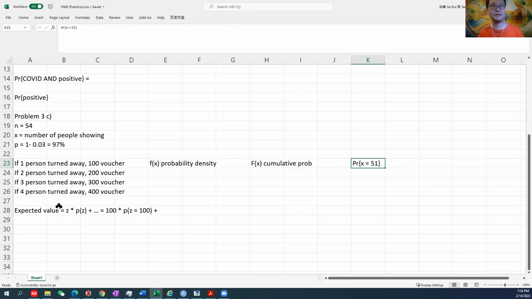So the probability of 51 people showing up is the same probability of the hotel paying 100 worth of voucher. You agree here? So we basically translate the equivalence between these two events. All right, so follow this concept, then you will be able to find the expected value of the vouchers.